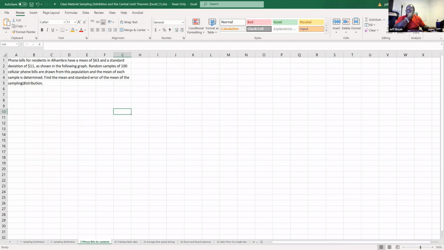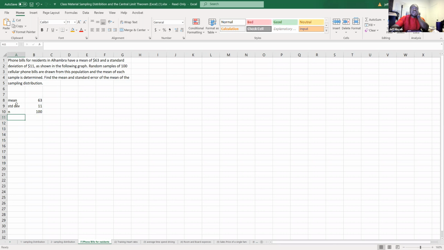All right. It says that the phone bills for residents in Alhambra has a mean of $63 and the standard deviation of $11. And your sample size is what? 100. Right? And so we're told that a random sample of 100 cell phones are drawn from this population, and the mean of each sample is determined.